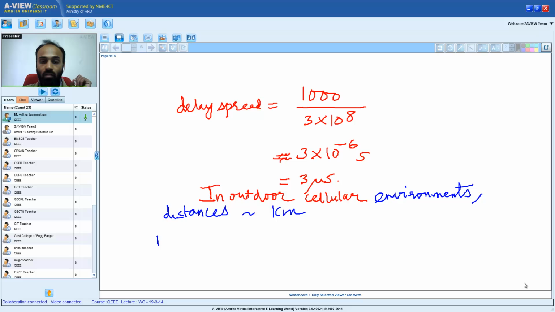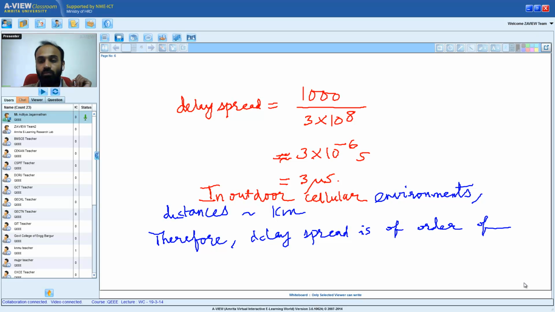Therefore, delay spread is of the order of microseconds.